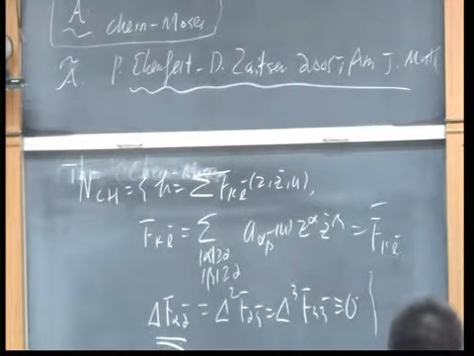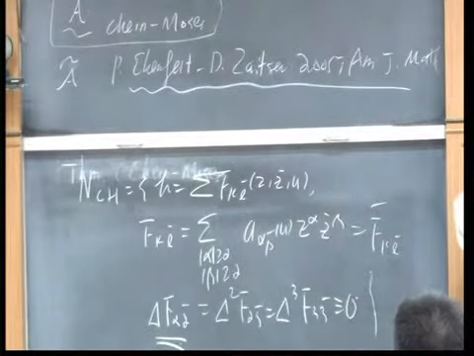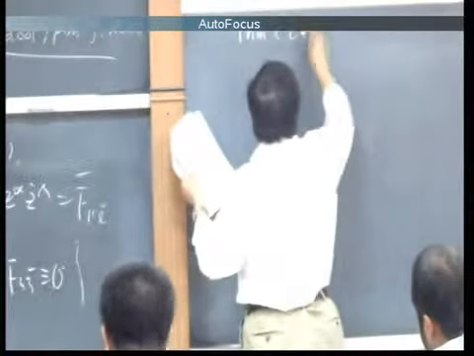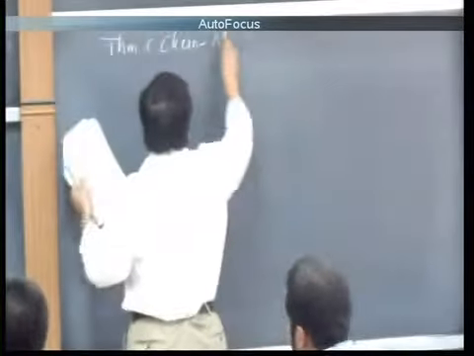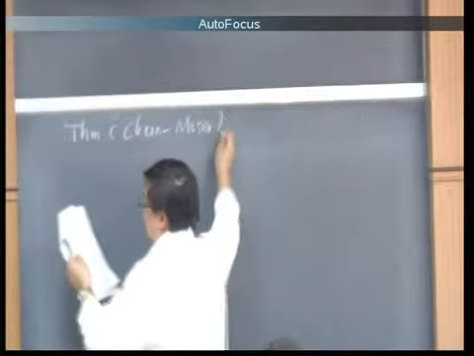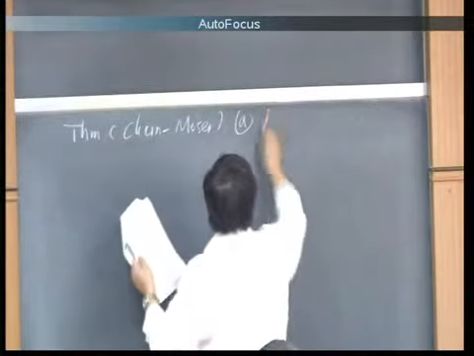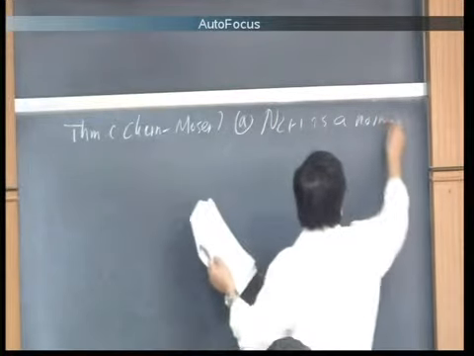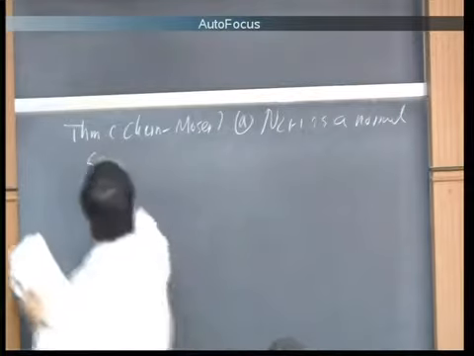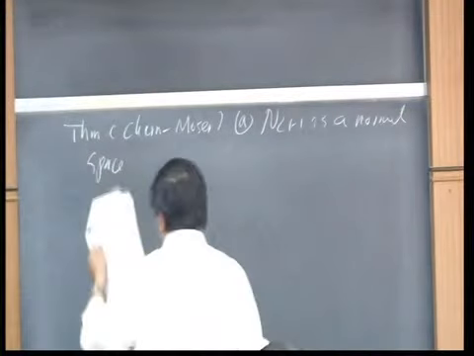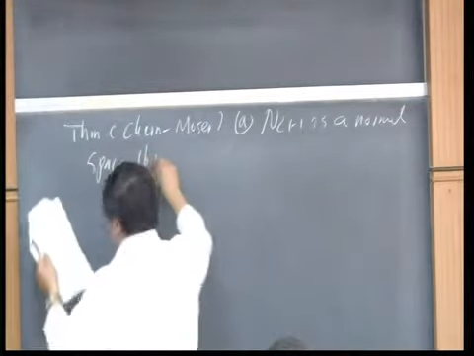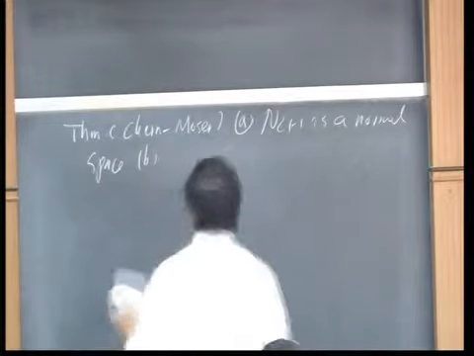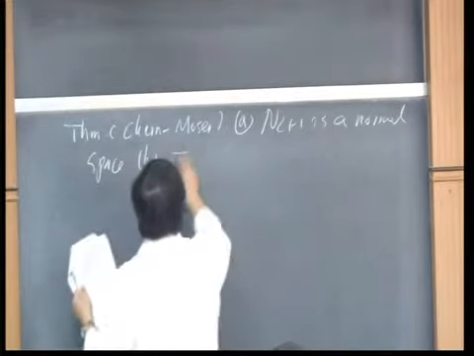And then the theorem by Chern-Moser. First, N_CM is a normal space. And the second, most importantly, is the part they spent a lot of time to prove.